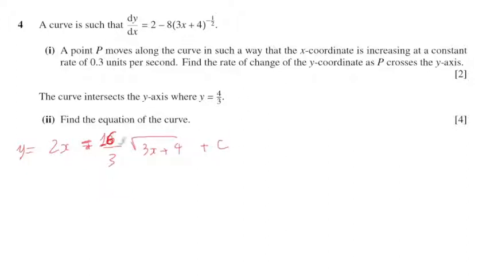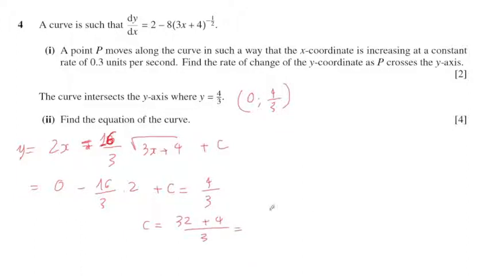Because this function passes through the point 0 and 4 divided by 3, when x equals 0, we have the square root of 4, which is 2, plus c will be equal to 4 divided by 3, and c will be 36 divided by 3, which is 12.